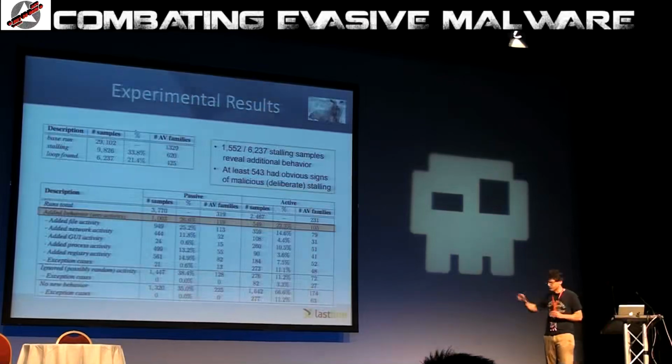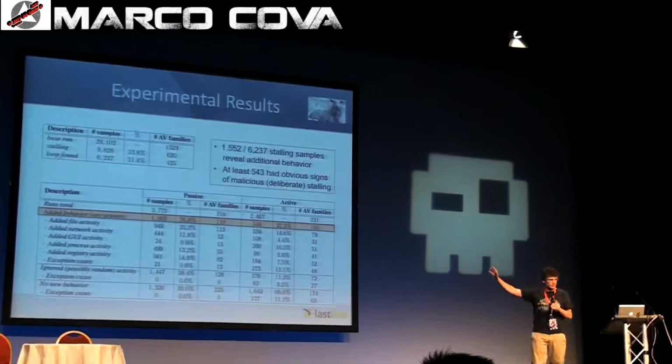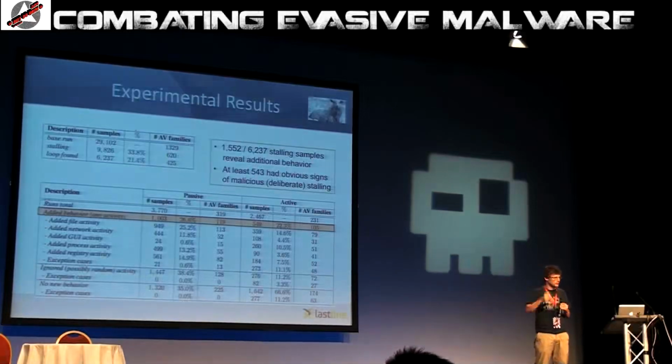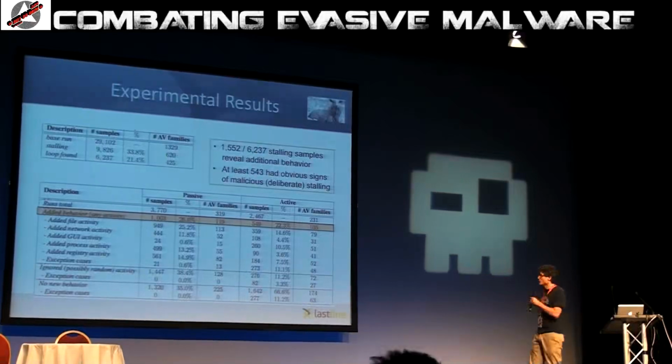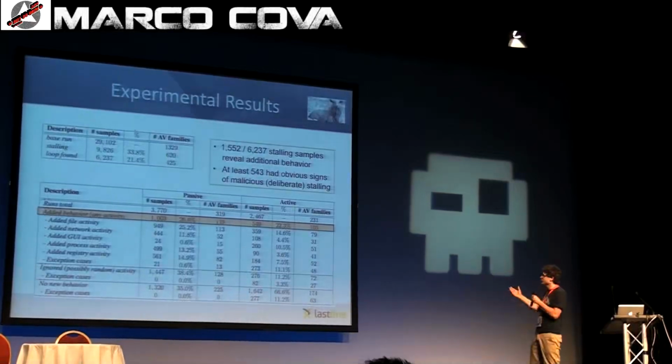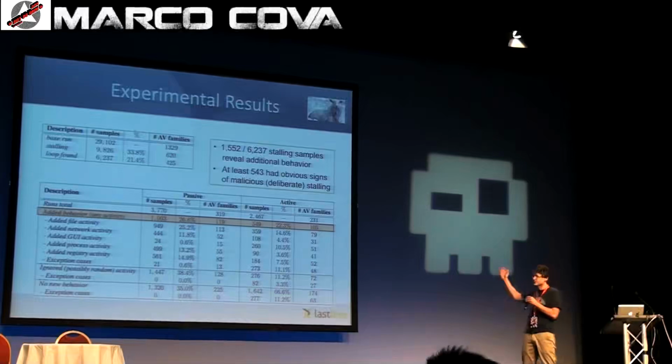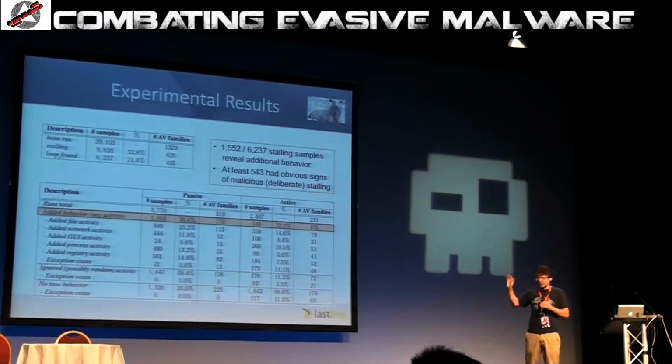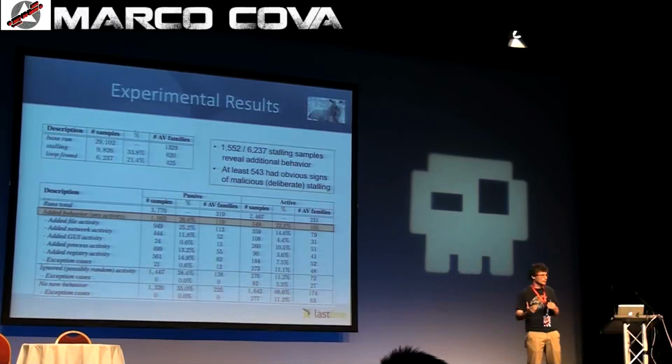This is an evaluation that we did on tens of thousands of samples from a repository of potentially malicious code. What we found is that for a significant chunk of them, 6,000 or more, they were actually displaying this stalling behavior.